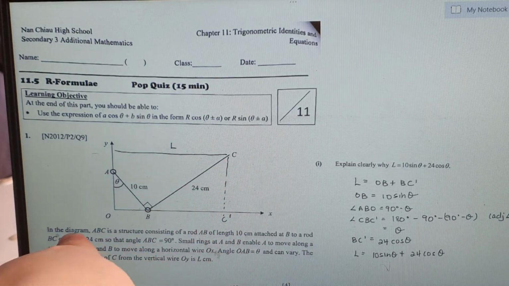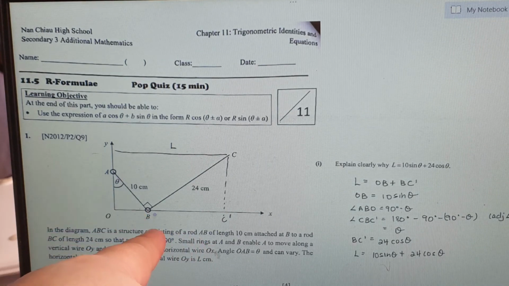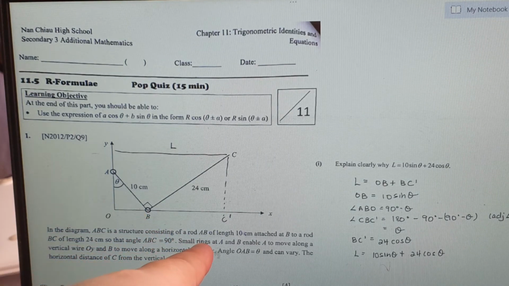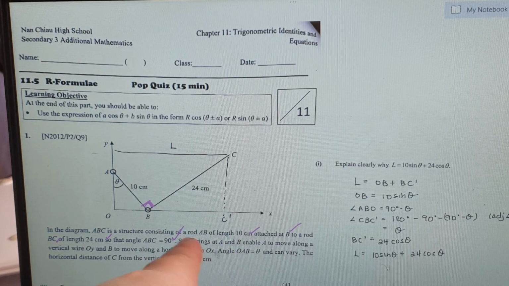Now in the diagram, ABC is a structure consisting of AB. This is a rod, 10 cm, and it's attached to B. And then BC here is 24, so that ABC is 90 degrees. Small rings at A and B, here there's a ring here, allows A to move along.